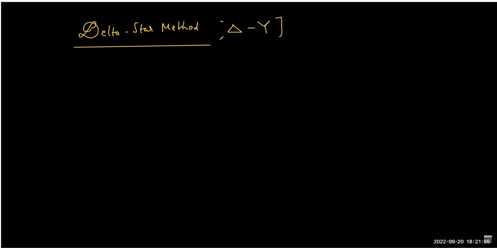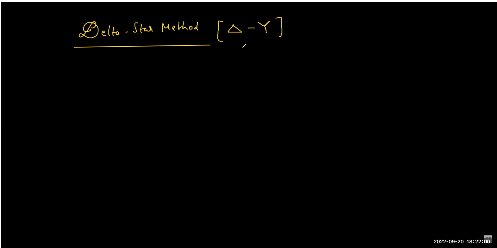So now there is something called the delta star method. That method I can teach you in current or you can learn here also. Okay, let me do it here only. We read it as delta star, but we write it as delta Y. The Y is read as star.